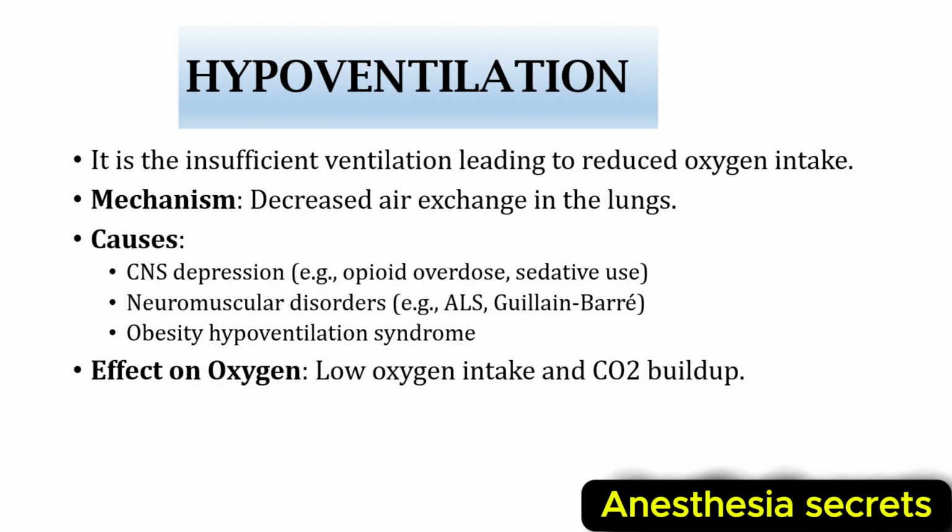Obesity hypoventilation syndrome is caused by excess body weight, where being overweight can reduce lung expansion and ventilation, leading to hypoxemia, especially during sleep. The effects are low oxygen intake and CO2 increase in the blood.